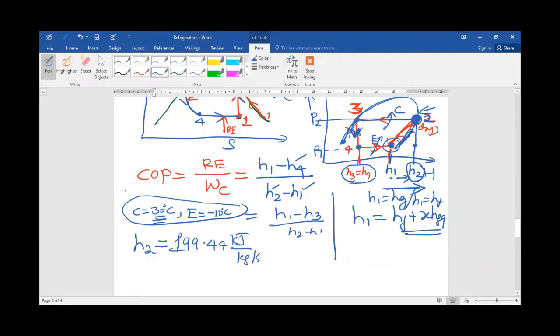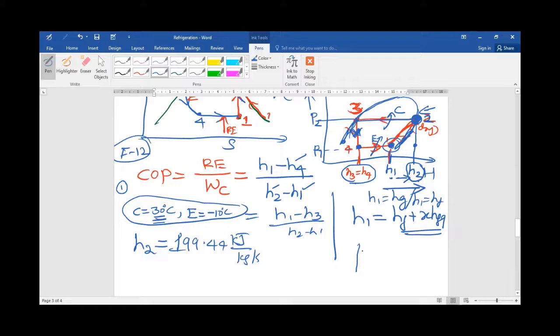First point, go to the contents. In the contents, they have given properties of saturated Freon 12, because the given refrigerant is Freon 12. In that, they have given the page number. Go to that page number, and there you will get temperatures in the first column.